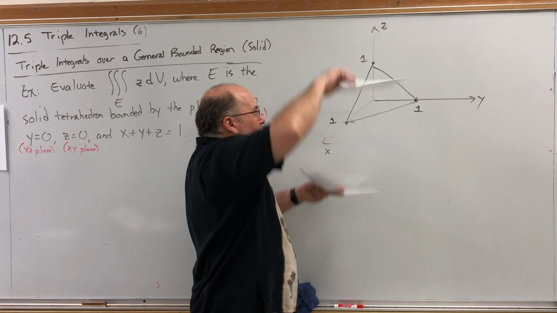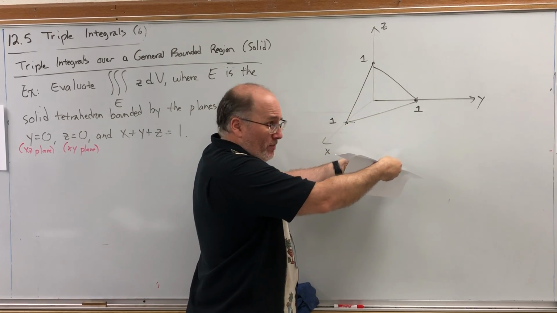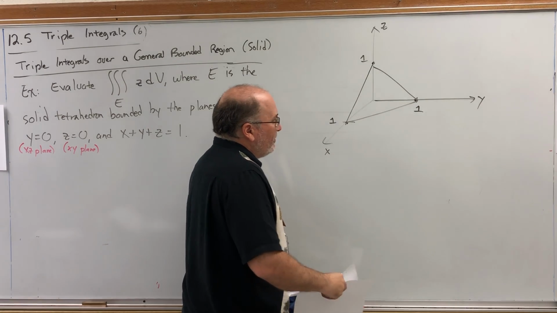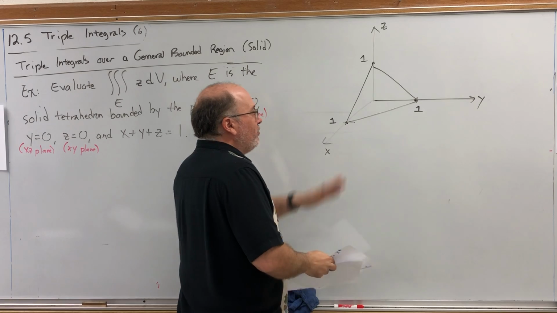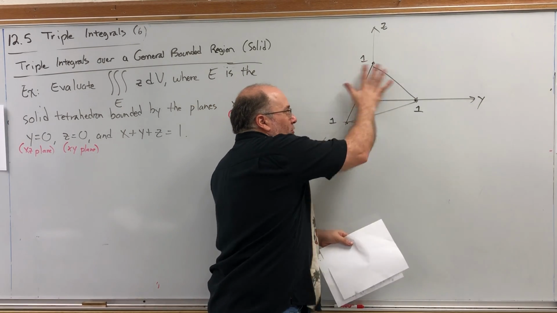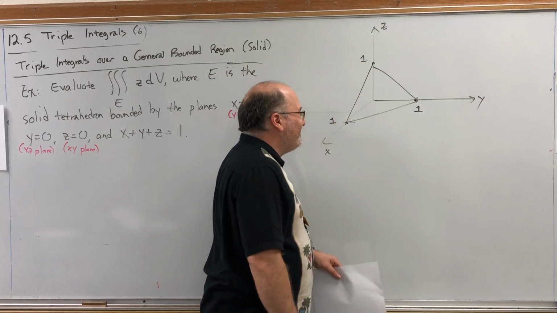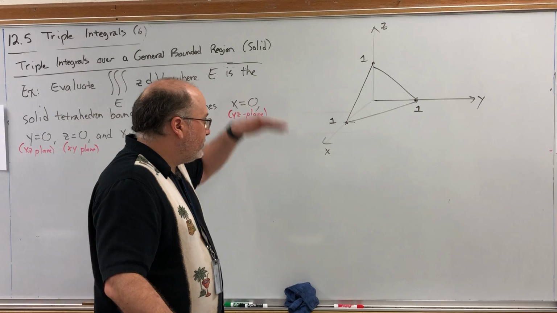If we did top to bottom, this plane would be the top, the xy plane would be the bottom. If we did left to right, this plane would be on the right, and the xz plane would be on the left. If we did front to back, this plane would be the front, the yz plane would be the back. Let's do it from top to bottom.